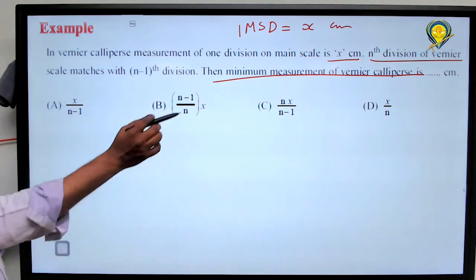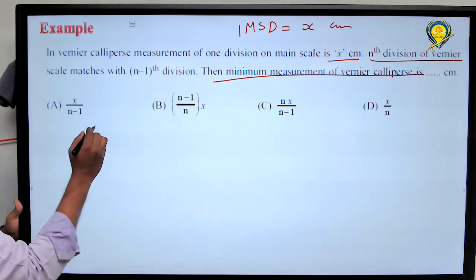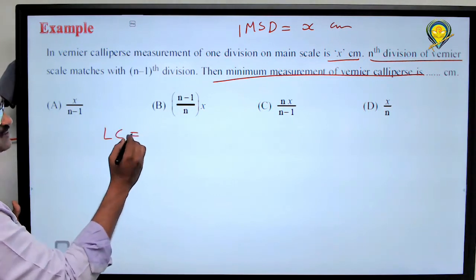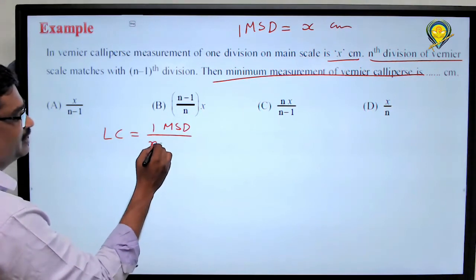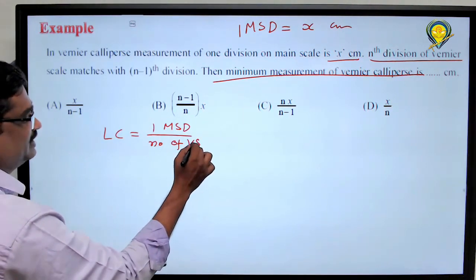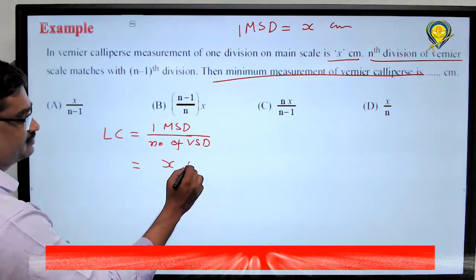So here n vernier scale divisions coincide with n-1 main scale divisions, so that we can use the first method directly. What is the value of least count by using first method? One main scale division by number of vernier scale divisions. One main scale division is how much? X centimeter.